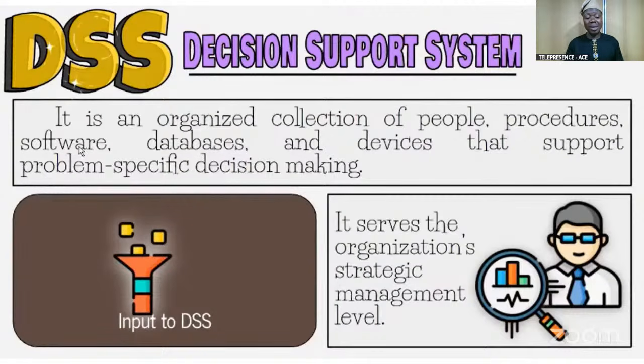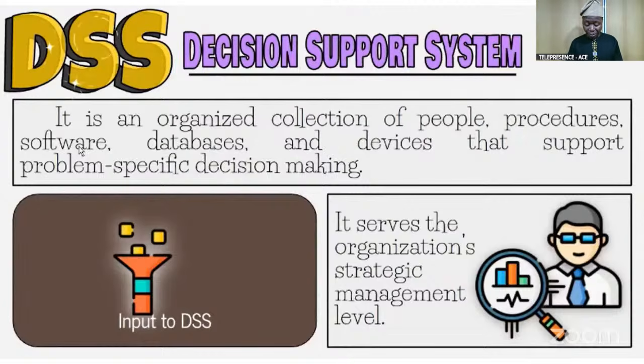Decision support system is an organized collection of people, procedures, software, databases, and devices that support problem-specific decision making. It serves the organization strategic management level input of a decision. So in decision support system, this helps as we have our pre-informed data.